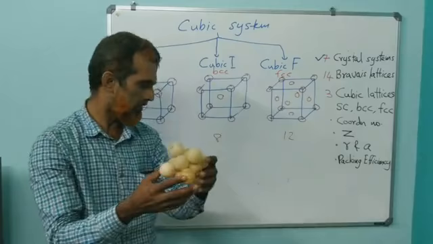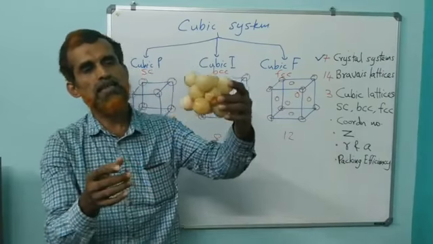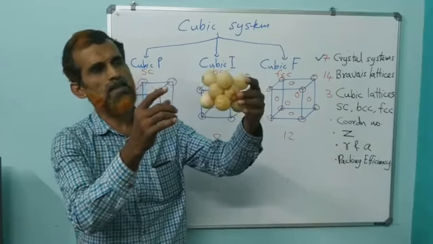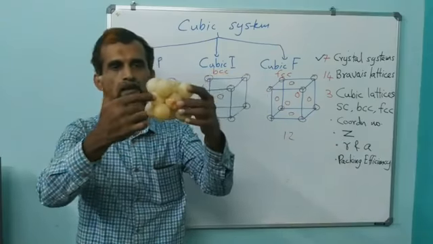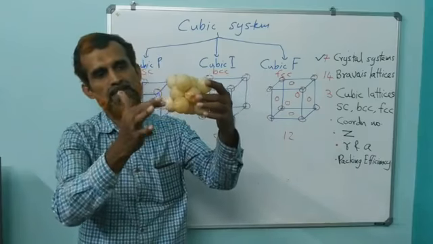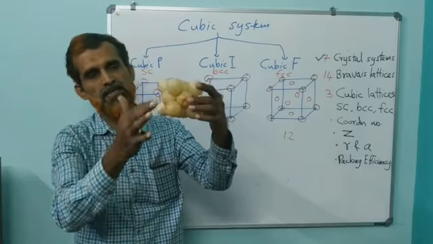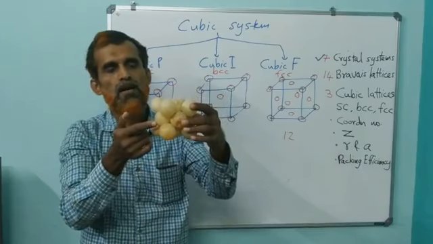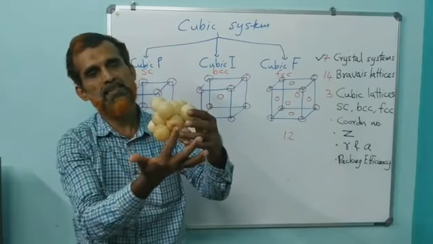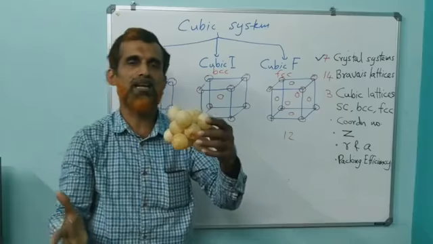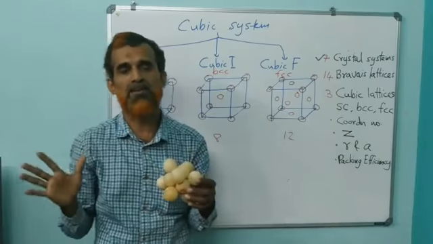One is like this. If you consider one particle, suppose this face-centered particle, you can see these are all touching, 4 in this layer, right? And there will be 1, 2, 3, 4 touching on this side, and 4 on this side also. So 3 into 4, 12.